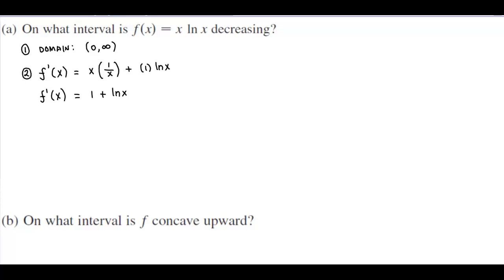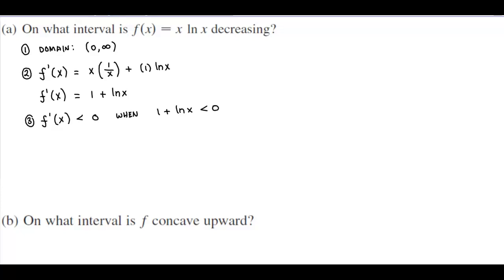So we know that f prime of x is going to be less than 0 when we let 1 plus the natural log of x be less than 0.